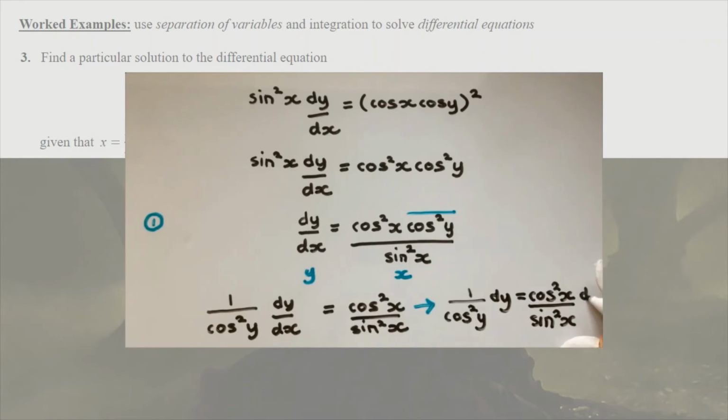Let's put the dx on here. Okay, so we're almost ready to integrate, but we've done the first step. We've made dy by dx a subject, and we've also done the second step where we have rearranged and we are now ready to integrate. So this is step 2, which is the separation of variables. So next step is step 3, where we can integrate.